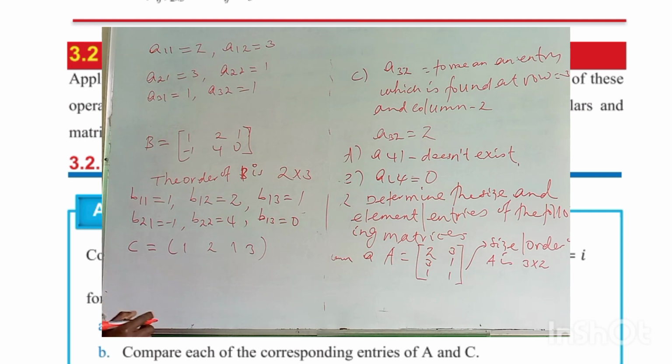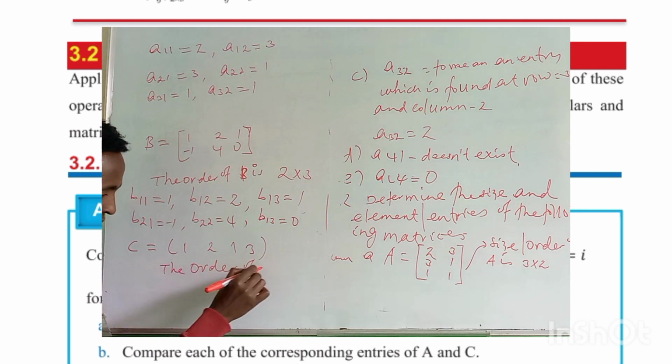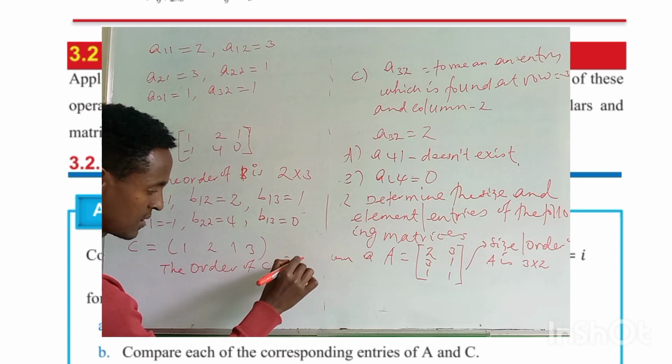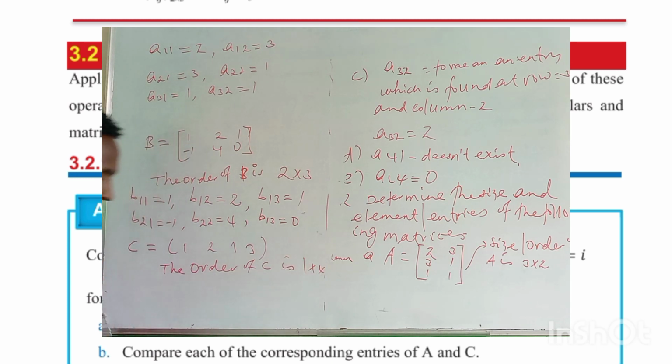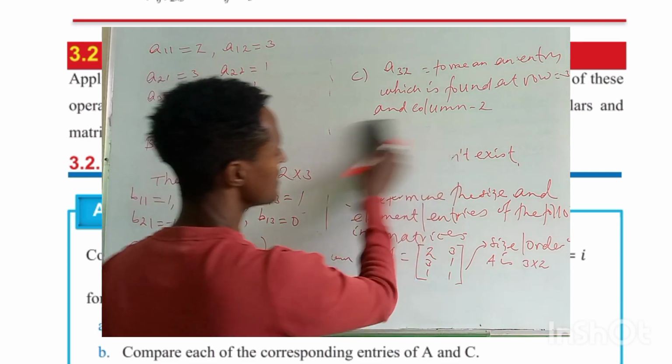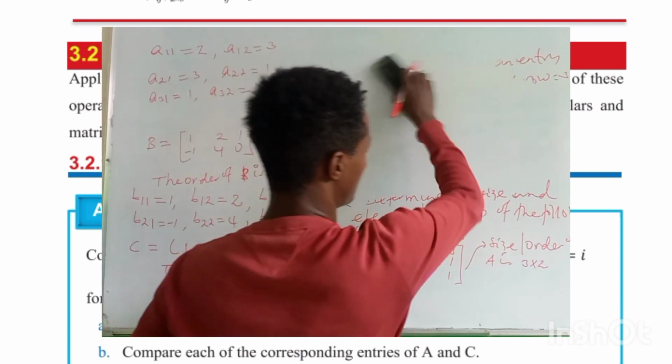Therefore, what is the order of this matrix? The order of C is 1 by 4. It has one row and 4 columns. Therefore, it is a row matrix.